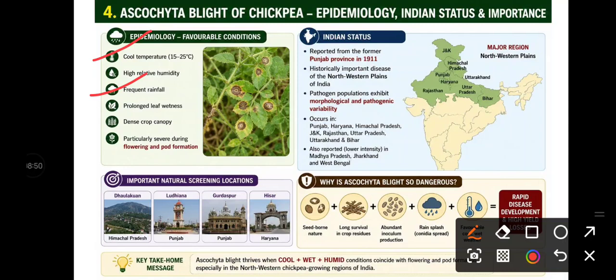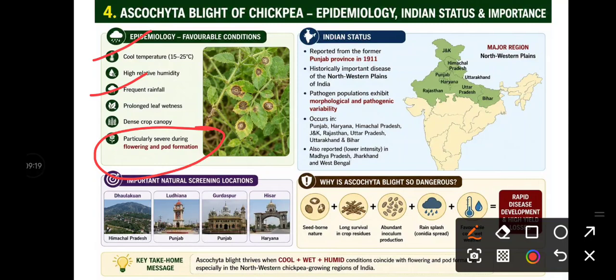Prolonged leaf wetness is needed. Then a dense crop canopy, because if a dense crop canopy is there, then high humidity will definitely be there. It is particularly severe during the flowering and pod formation stage. This is very important. This infestation of Ascochyta blight is most severely found in a particular plant stage, that is the flowering and pod formation stage.